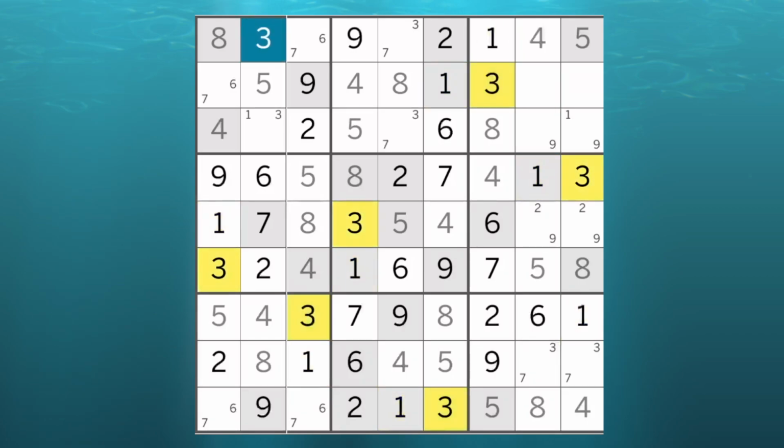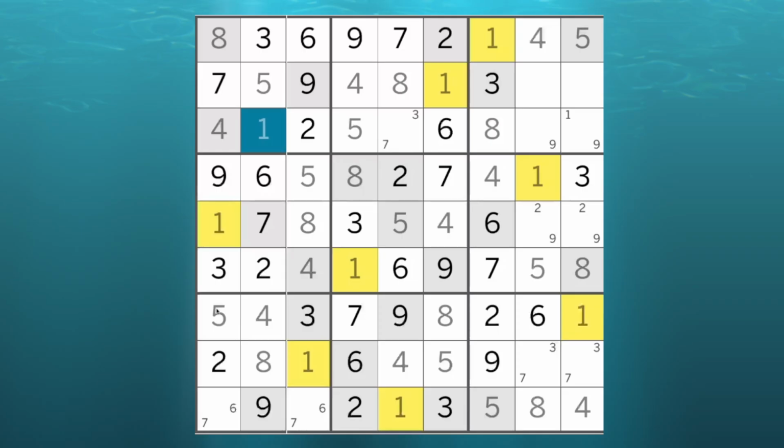That has to be the 3, which makes that a 7. That a 6, and a 7, and a 1. And that 7 makes that the 6, and that the 7. That's the 3.